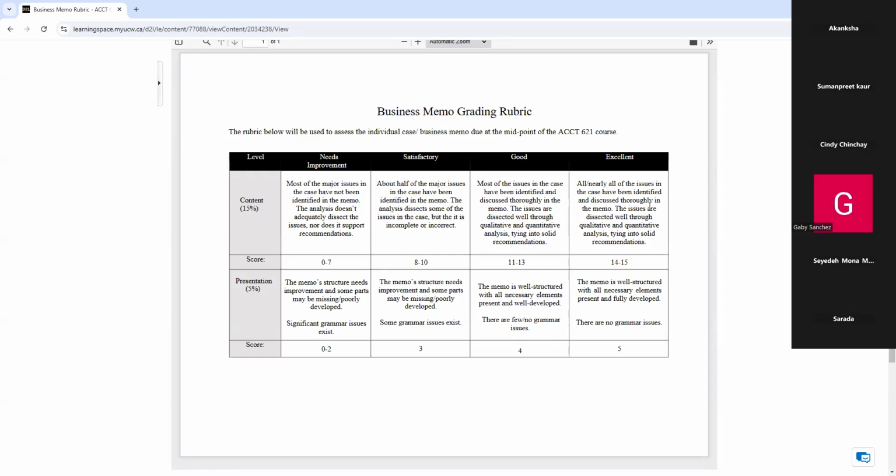For example, when you go to the business organization, what are the benefits of having a corporation? What are the drawbacks of having a corporation? What are the benefits of having a proprietorship? What are the drawbacks of having a proprietorship? And based on that, you have to provide a recommendation. When you do the analysis, provide a recommendation.